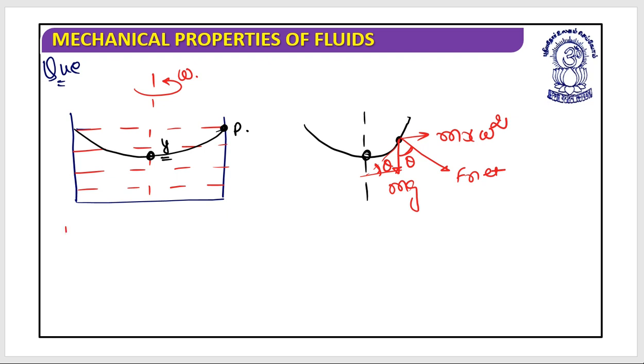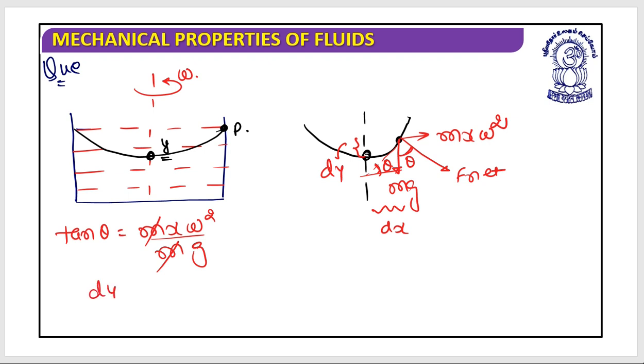Now from this I can have the relation tan theta equals m x omega square divided by mg, so m has gone. Let's call this dx and this dy, so tan theta is dy by dx, which equals omega square into x by g. I hope this is clear.